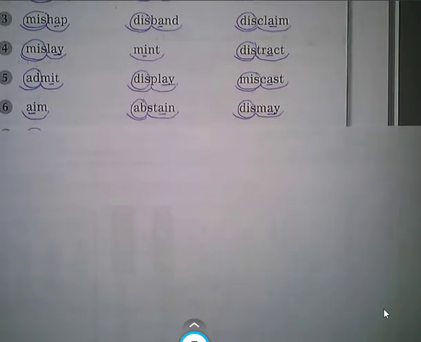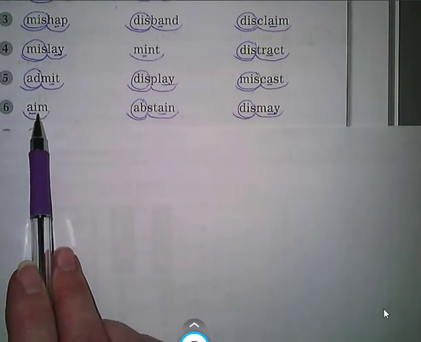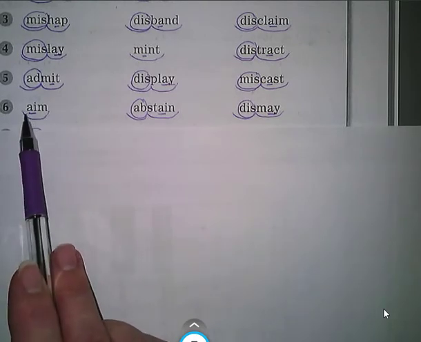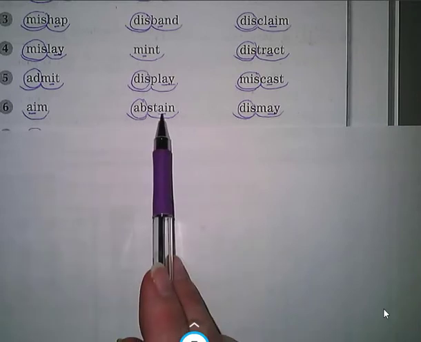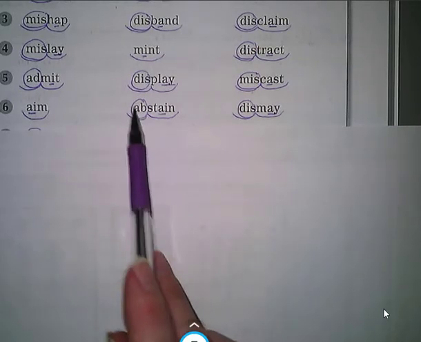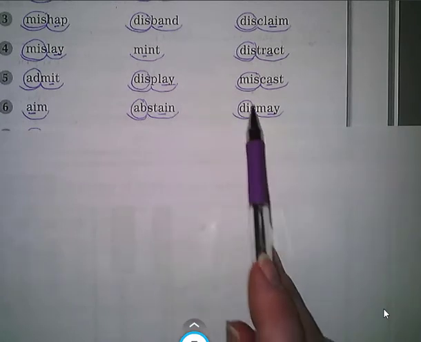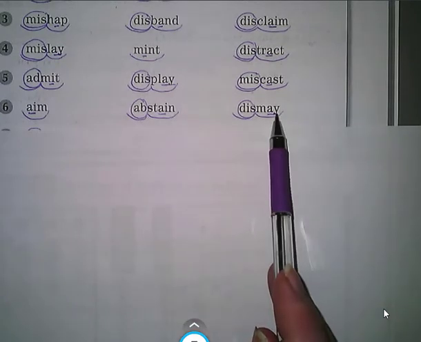Line 6. Did you get this? Right at the beginning of the word, AI. Aim. Aim, 1 scoop. AI together makes the A sound. AI again. Circle the prefix ab. Abstain. Prefix dis. AY. Dismay.